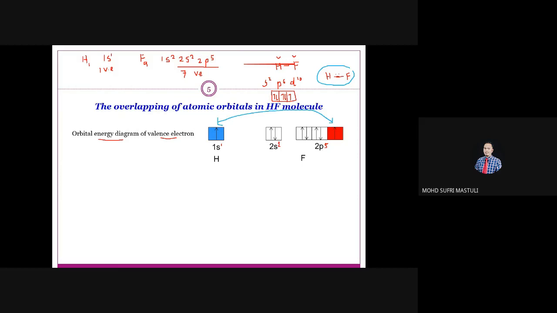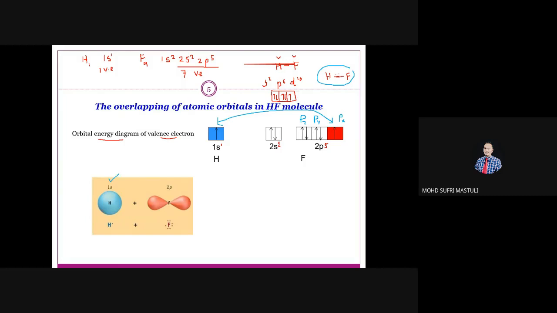Okay, so the p orbital, we know, has px, and then we have py, and then we have pz. So how do we overlap this s with the p? Before the overlapping, we know hydrogen is one s orbital, like this.